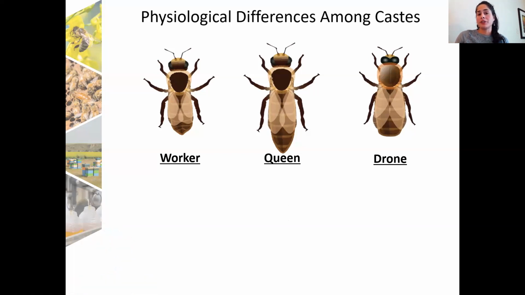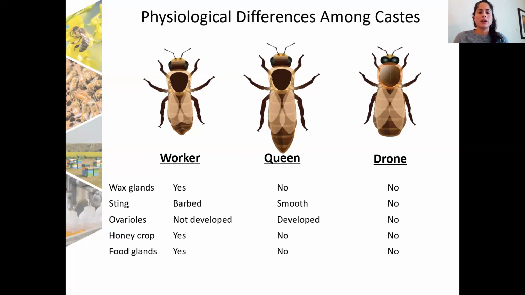They have many physiological differences, the workers, queens, and drones. These are just a few of them, but there are a bit more among these three. So workers have wax glands and they can build comb.